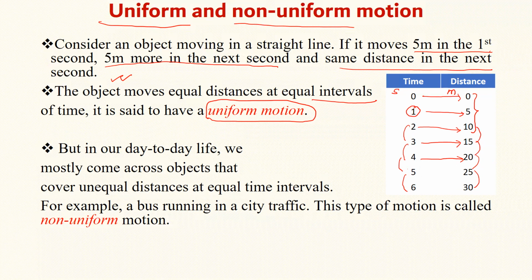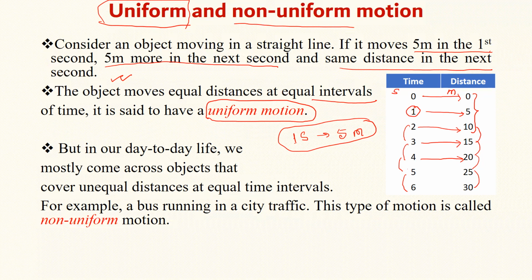So in each interval of 1 second, the object has covered a distance of 5 meters. So in this case, the object is said to have a uniform motion. I hope you have understood the concept of uniform motion.